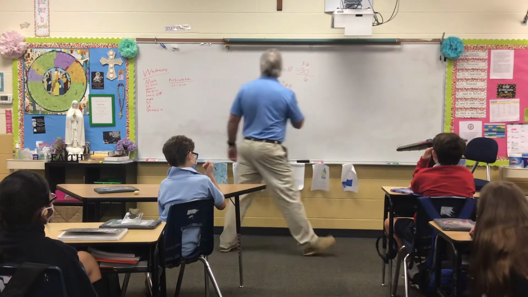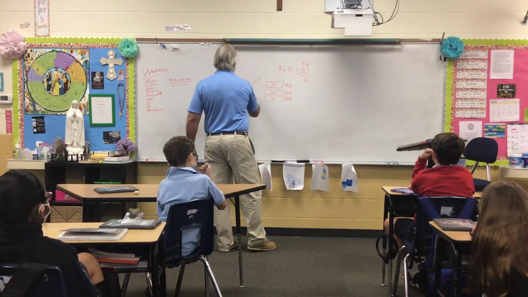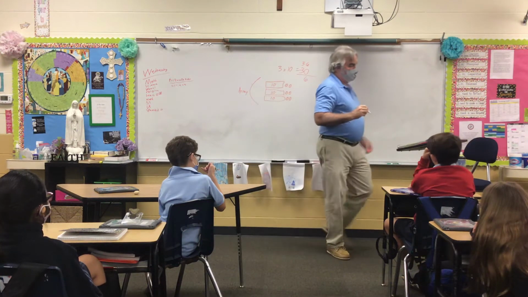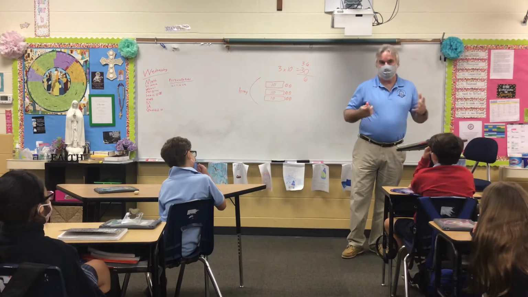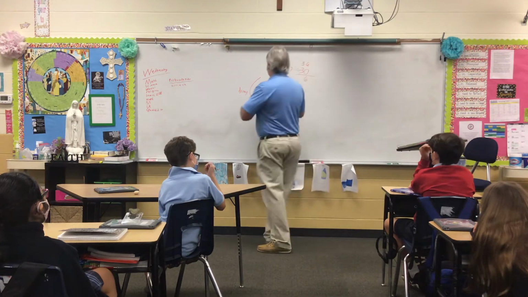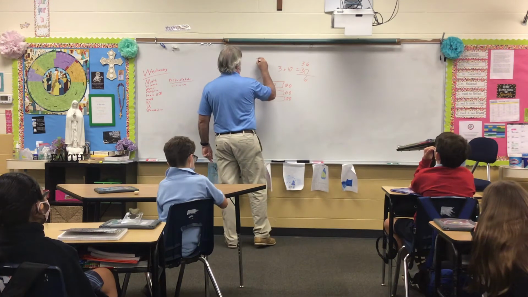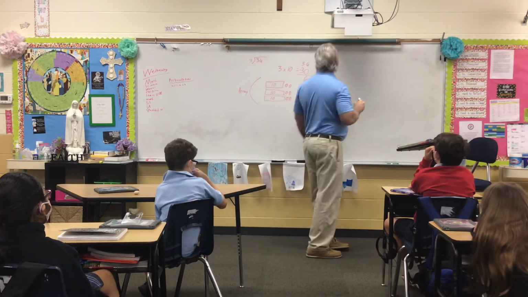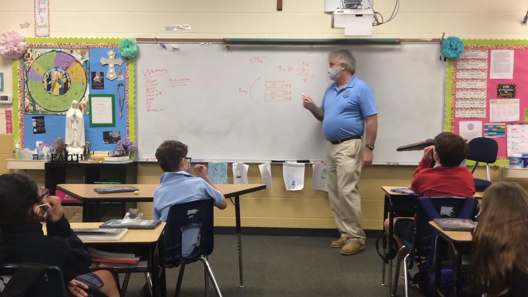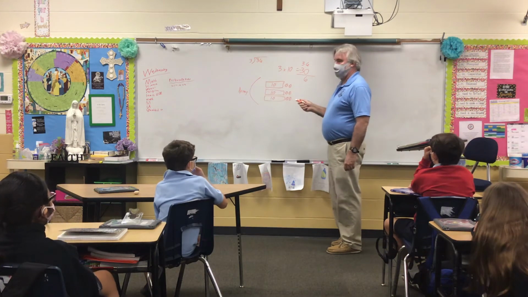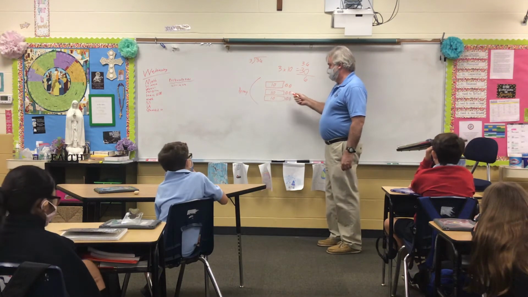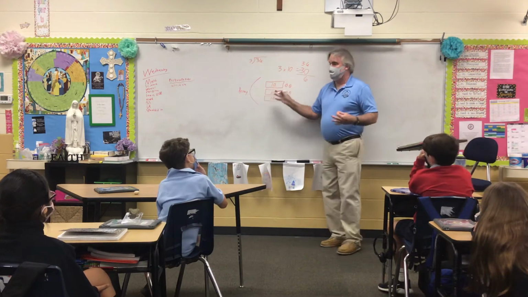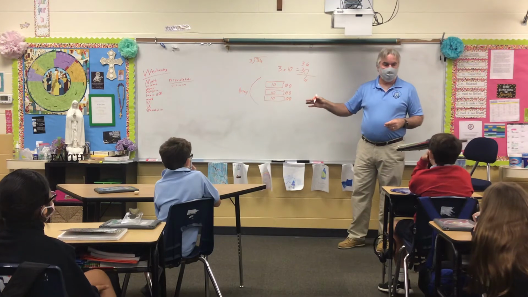This is the array in which you're putting things in. Basically, your problem was 36 divided by 3. I have 10, 11, 12, 10, 11, 12, 10, 11, 12. That's what this is showing as an array, okay?